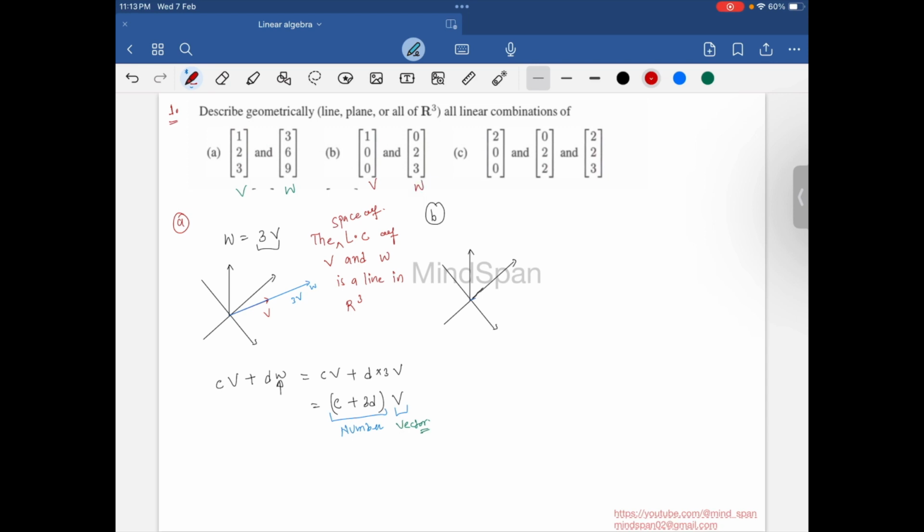Why I'm saying that, in this case we have found some relation between v and w, but if you look at this, vector v has the x component, right? But this vector w has no x component. This vector v has no y and z component, but this vector w has y and z component.